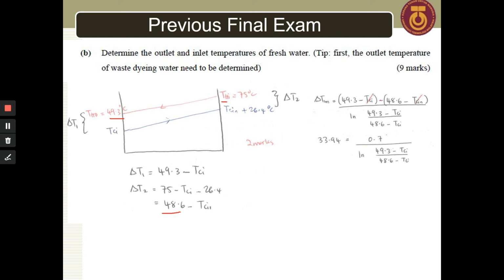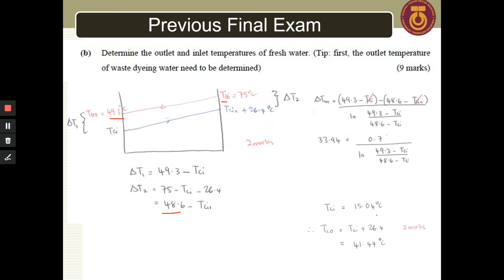Here you can simplify it, it is only mathematics. You can cancel TC1 at the top and you are left with TC1 at the bottom. You rearrange this equation and then you get the value of TC1 equal to 15.04. If I'm too fast, you can pause me.